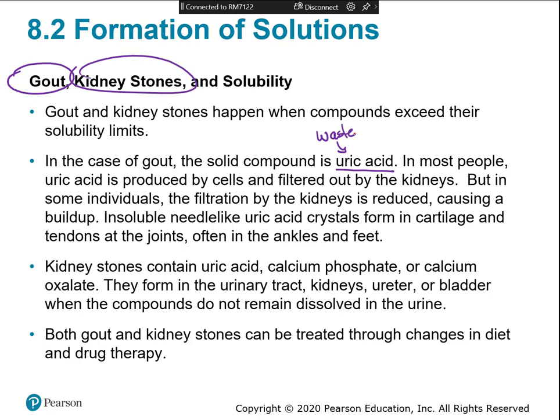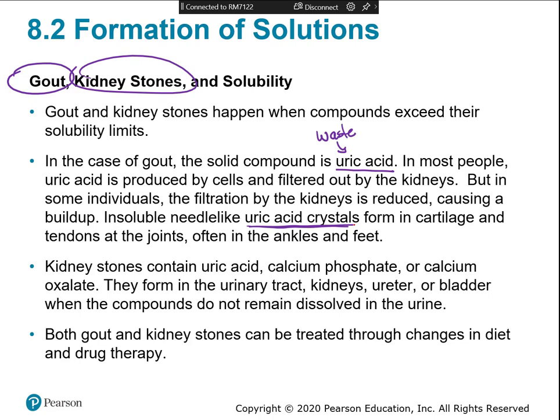You get some uric acid added in, doesn't cause a problem. More uric acid added in, doesn't cause a problem. But eventually, you reach a point of saturation, and beyond that, now you're going to get crystals. The uric acid actually forms crystals in the joints. Think of this as being like little shards of glass in the joint.